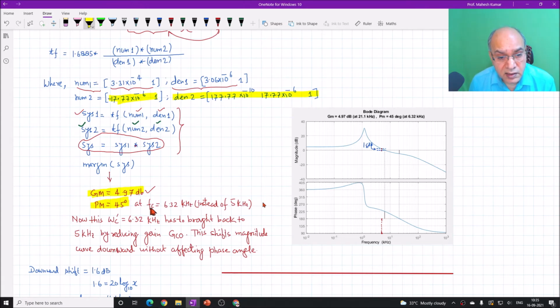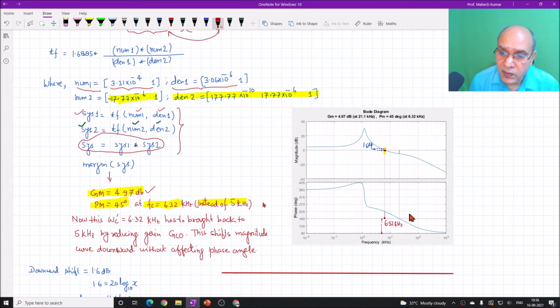And the gain crossover frequency is not 5 kHz but 6.32 kHz. So there is a slight shift in the carrier frequency, which is 6.3 kHz. You can see here that this is the carrier frequency. This is 0 decibel gain here. This frequency is 6.32 kHz.